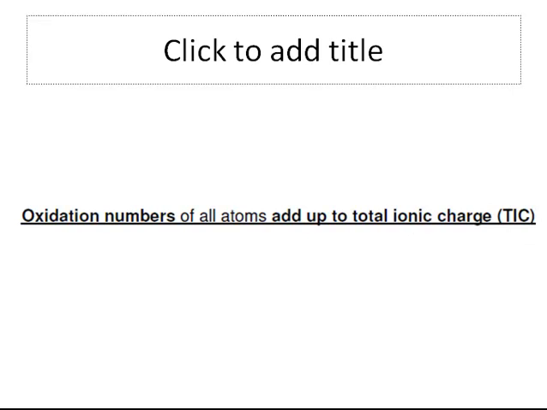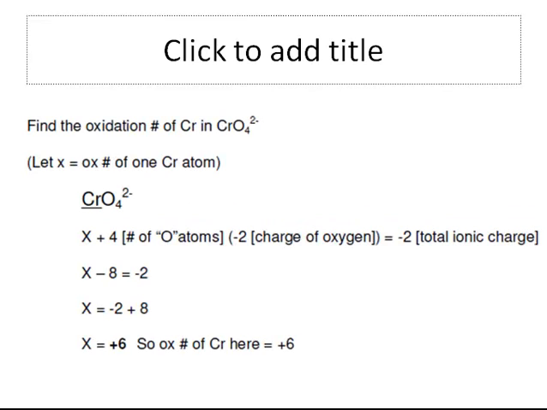So now let's look at how to figure that out. We're given CrO4 with a charge of -2, and we have to determine the charge on Cr here. We first write down the -2 charge on the right hand side, and that has to equal the charge of all the atoms here.